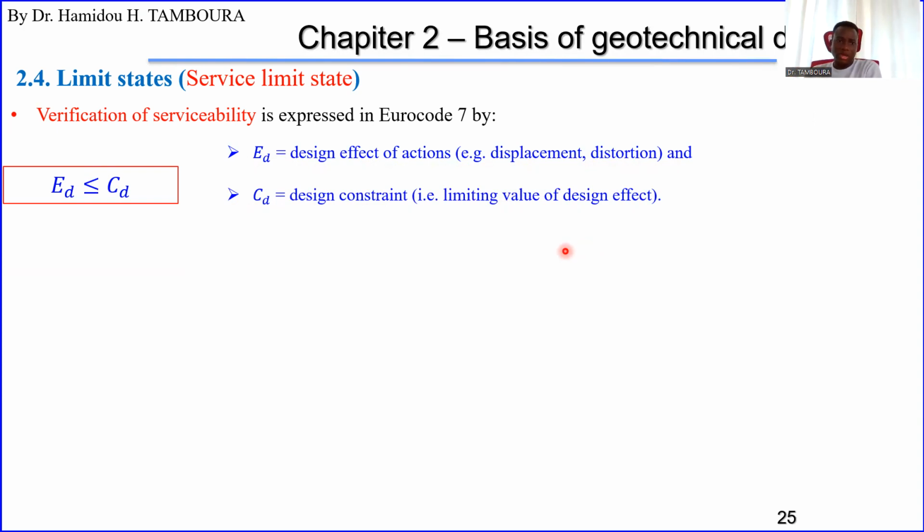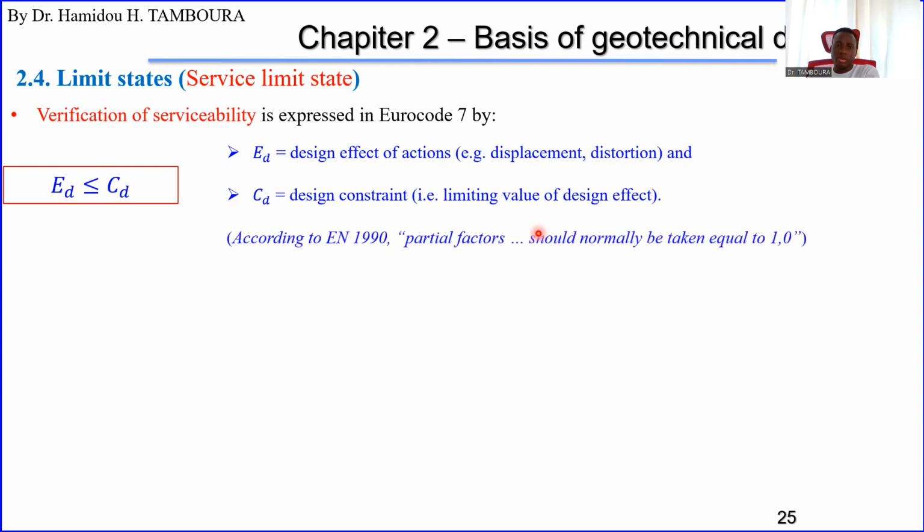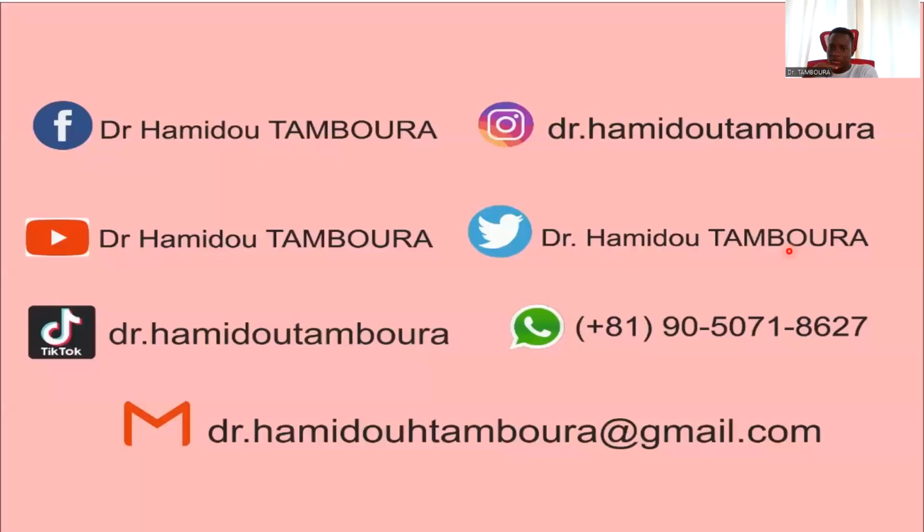So the service limit state is very easy. Just check this: if the bending moment is less than a certain amount, then it's okay. According to Eurocode 1990, the partial factor should normally be taken equal to 1. We should not increase or decrease them. Okay, this is all for this.